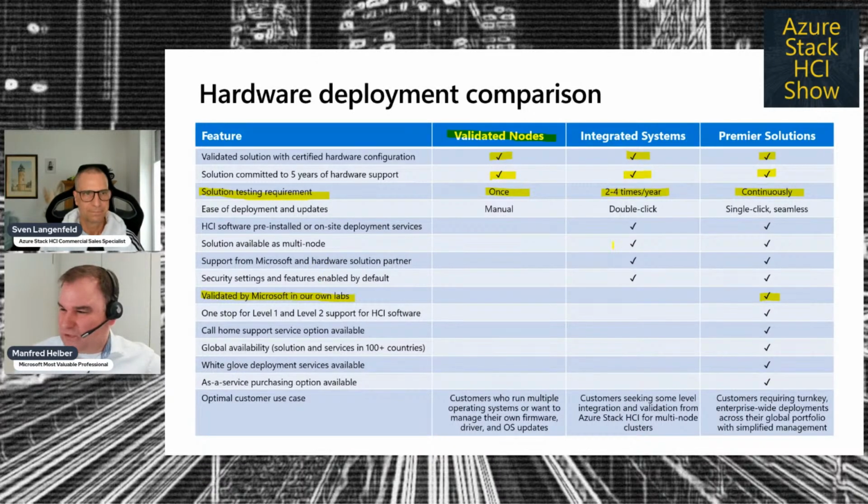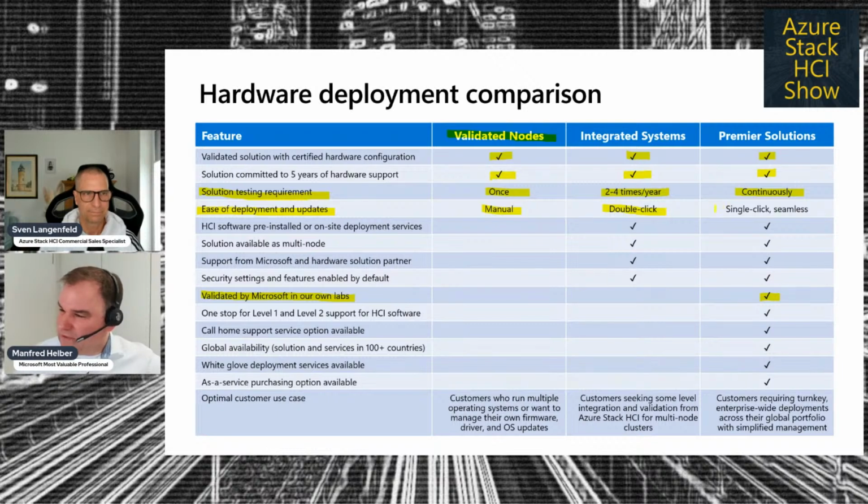Yeah. The deployment, we discussed this in one of our previous Azure Stack HCI shows. In validated nodes, we have seen this deployment wizard in Azure. For the integrated systems, we can reduce the number of clicks because the OS is pre-installed on the integrated systems.